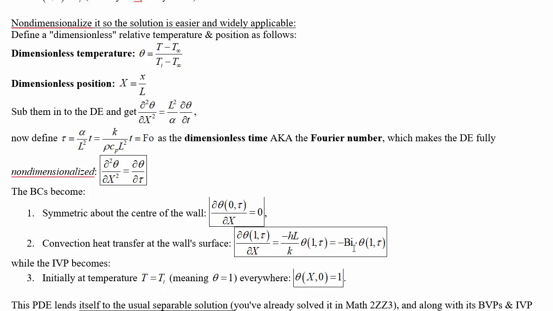So we'll have the same solution versus x and tau depending only on the Bi number. That's kind of amazing. So this lets us solve it only once for every different Bi number, and then just apply that solution to a number of different problems, a number of different L's, Ti's, etc.